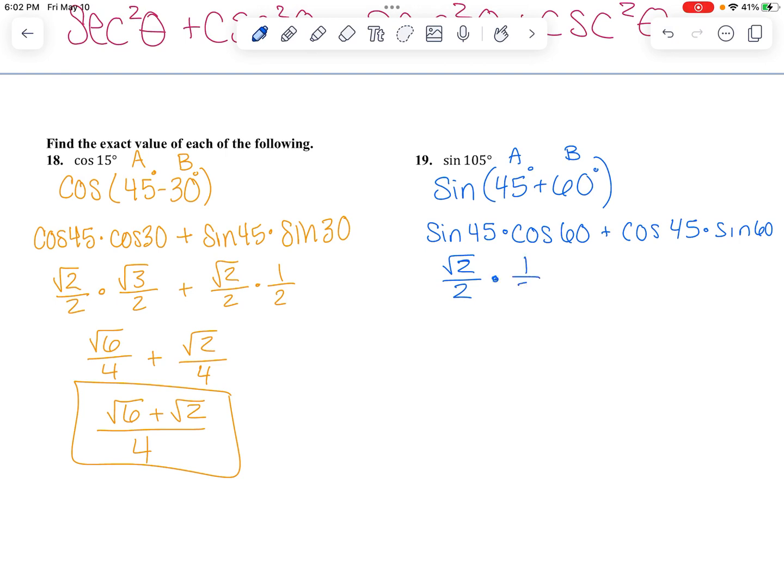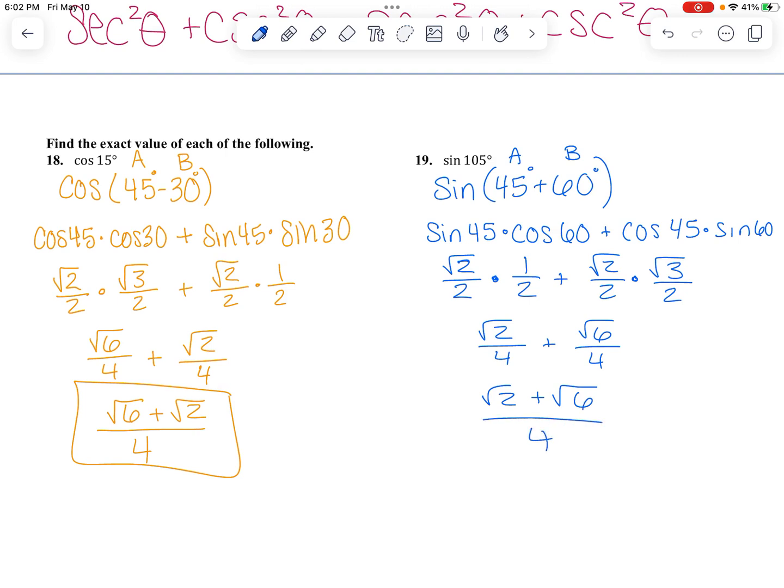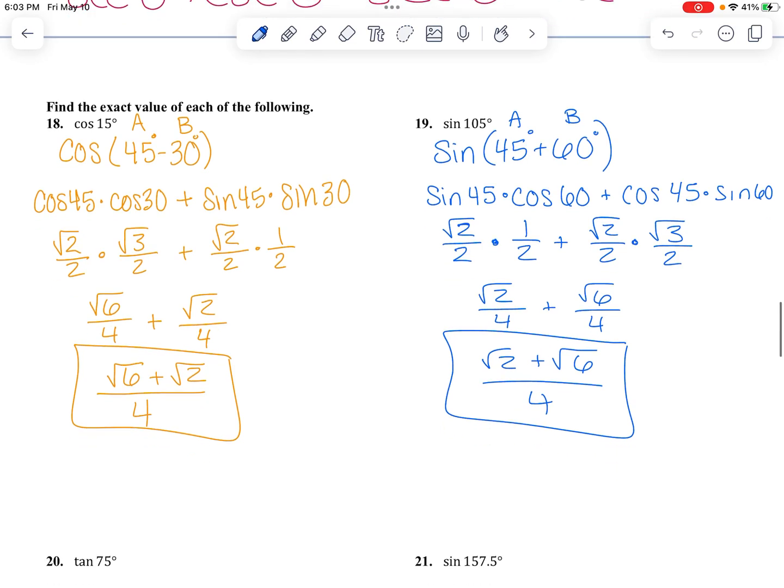Sine of 45 is square root of 2 over 2. Cosine of 60 is 1/2. Plus cosine of 45 is square root of 2 over 2. Sine of 60 is square root of 3 over 2. Square root of 2 over 4, square root of 6 over 4. Hey, I get the exact same answer as what I had on the previous one. Yeah, I wrote it in a different order, but it's still the same thing.